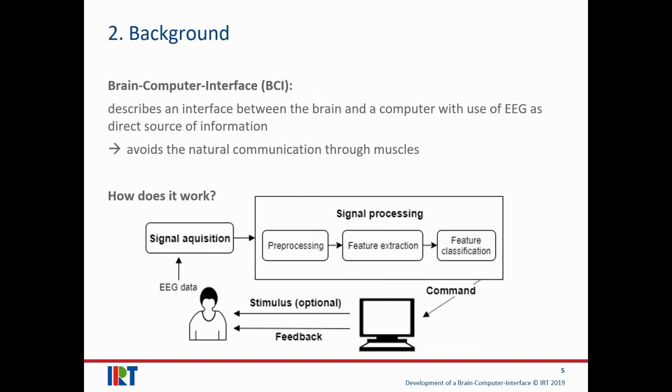That contains usually several steps, mainly the pre-processing where the signal is filtered, and after that relevant features will be extracted and classified. If the final result fits to one of the predefined commands, the corresponding command will be sent to the application and will be executed. That is then, of course, also kind of feedback for the user in the same way as we usually get feedback, for example, when we do a mouse click to trigger some action.